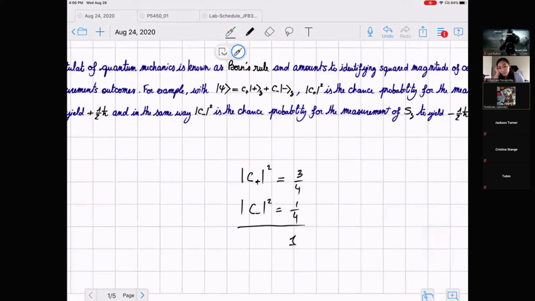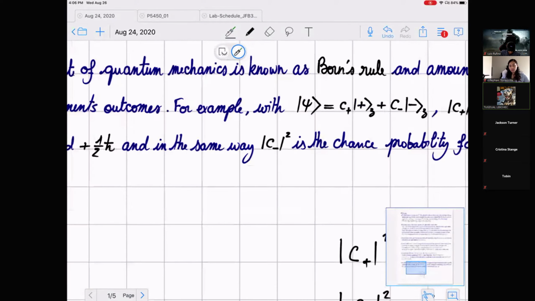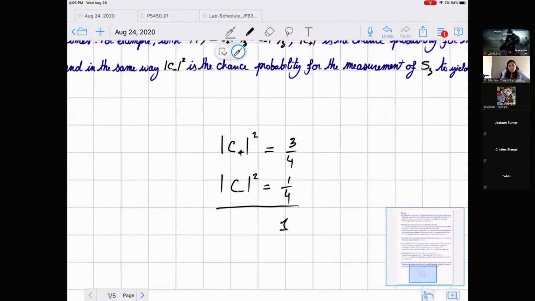Let's say you have prepared your 100 particles in this state with coefficients which are such that their magnitude squared are equal to 3/4 and 1/4. And you measure the first particle, and let's say you find plus h bar over 2, so you satisfy this probability. And the second particle, well, you get lucky and you get minus h bar over 2.